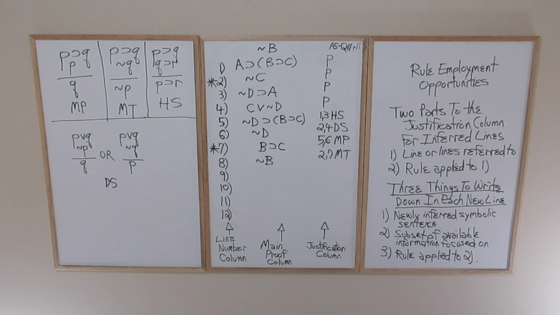So here's another way of looking at it. You have found a rule employment opportunity, or an instance that satisfies the rule employment requirements, whenever you have isolated the one line of information necessary to employ simplification or addition.